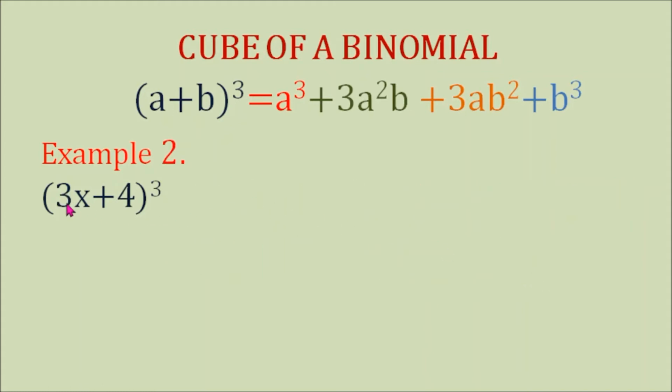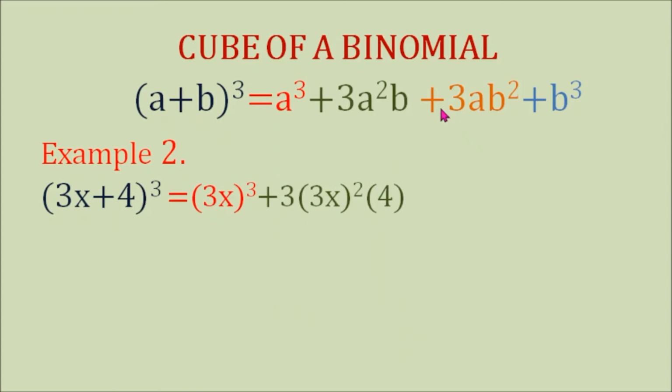Example number 2. The quantity 3x plus 4 cubed. Our first term is a cubed, so that means the quantity 3x cubed. Then our second term, 3a squared b. So that's 3 times, our a here is 3x, so the quantity 3x squared, and then our b is 4, so times 4.